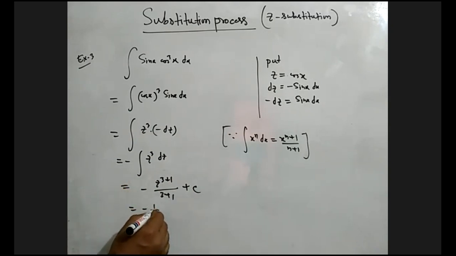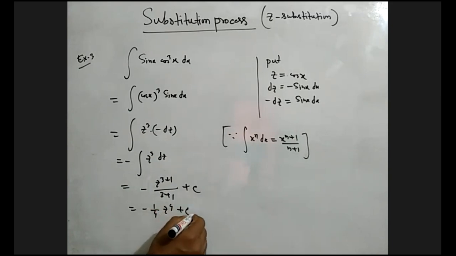So minus 1 by 4 z to the power 4 plus c. At last we have to put the value of z. z equals cos x, so cos to the power 4 x plus c. This is the result.